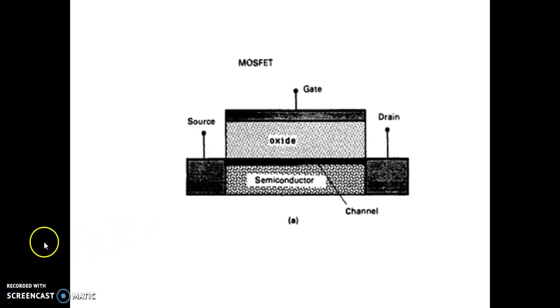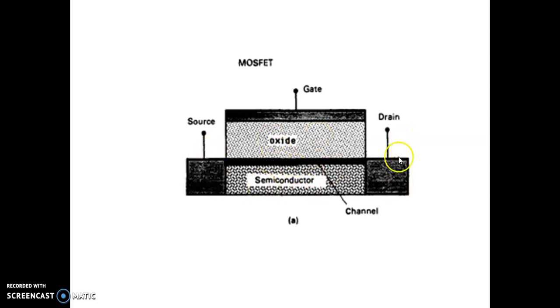The schematic diagram of the metal oxide semiconductor field effect transistor is shown on the screen. In a silicon MOSFET, the gate control is separated from the channel by a silicon dioxide layer. Here we can see an oxide layer, so the gate control is separated from the channel. This is the channel.